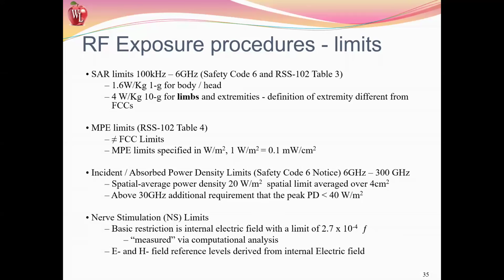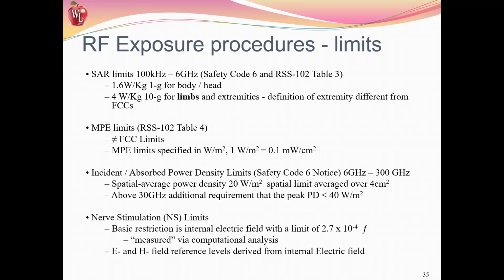IPD and APD limits, a spatial average power density of 20 watts per meter squared over 4 centimeters squared, chunk of 4 centimeters, and above 30 gigahertz, there's additional requirements. It's got to be less than that. Nerve stimulation, basic restriction is internal electric fields with the limit of 2.7 times 10 to the negative fourth in frequency measured via computational analysis.